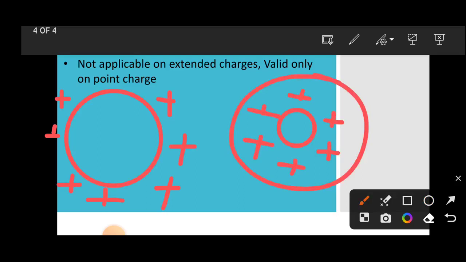But can you tell me whether this one is a point charge or not? It is also a point charge. If we put this ball very far away, then the distance is so large that it looks too small. That's why we also consider this big ball as a point charge.